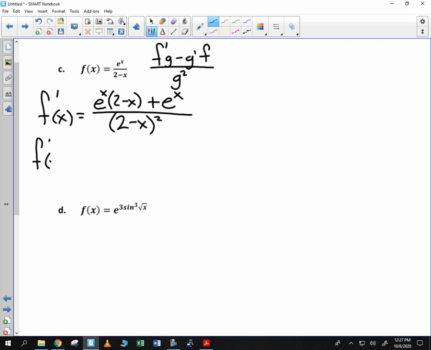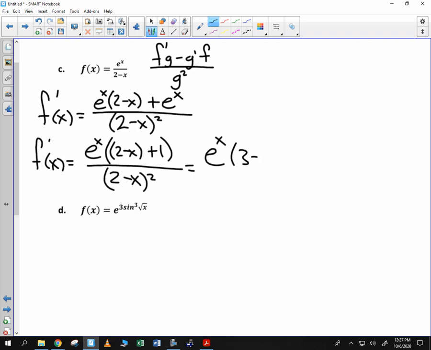F prime of x is equal to, if I factor out an e to the x, I'm left with 2 minus x. Then I have a plus 1 over 2 minus x quantity squared. Notice that the 2 minus x plus 1 becomes 3 minus x divided by 2 minus x quantity squared.